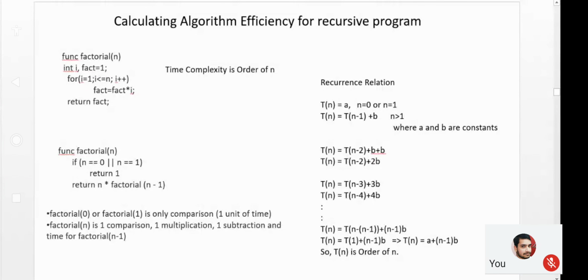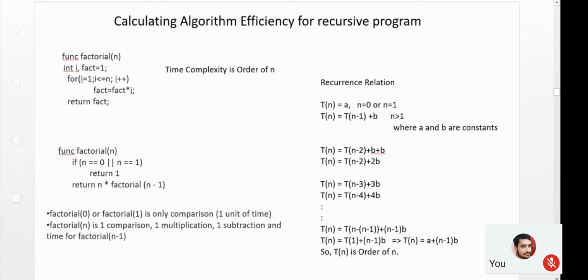So when n is equal to 1, it is T of n minus 1 plus how many b's are there? First 1b, then 2b, 3b, n minus 1 b's. So it will be what? T of n is equal to T of 1 plus n minus 1 b.